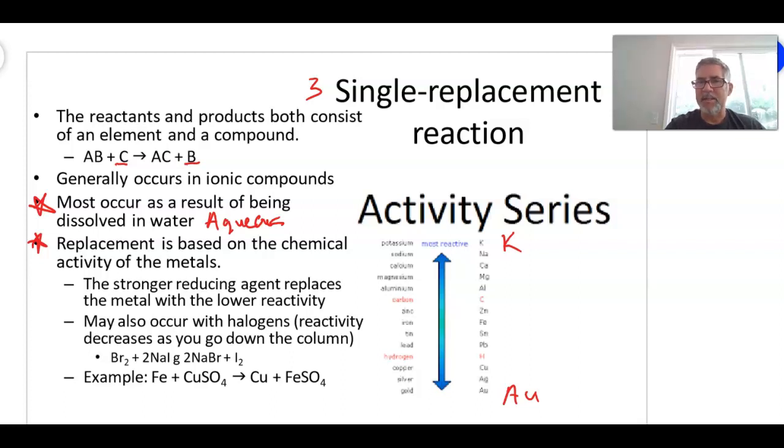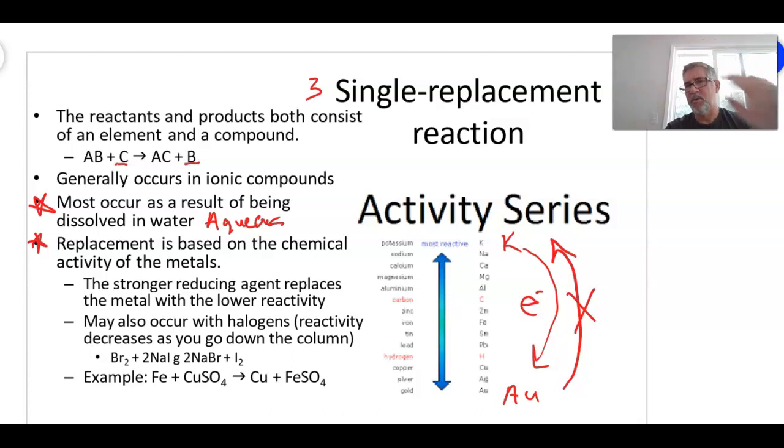So if I put potassium near gold, potassium would try to transfer electrons to gold, to become a potassium ion, because it's more stable as an ion than it is as a metal. Because potassium is more active than gold, it would try to transfer its electrons. Gold would not try to transfer its electrons to potassium because it's less active. That's why we make jewelry out of gold, because it tends not to lose electrons.